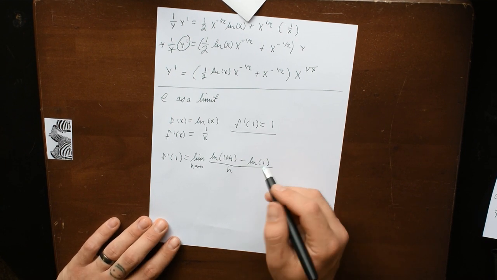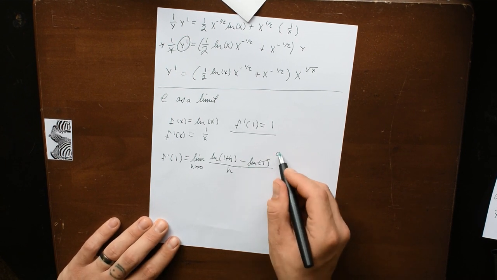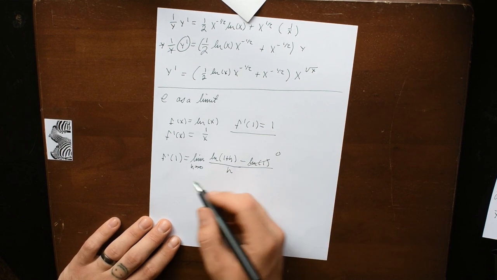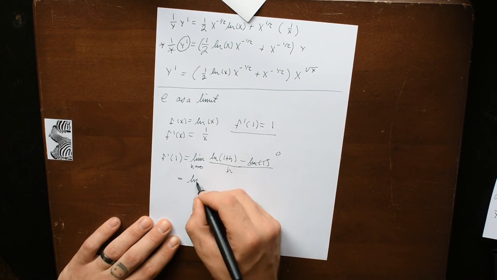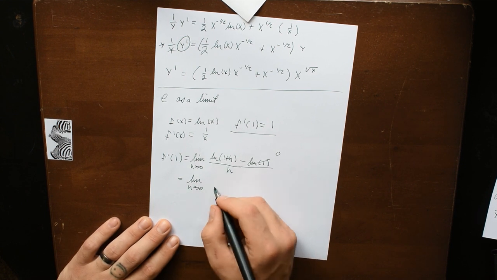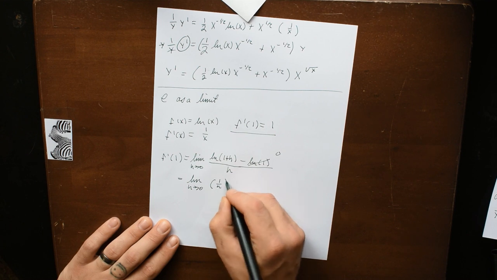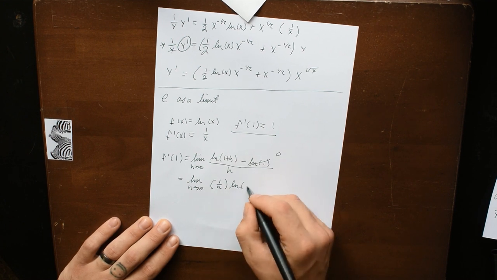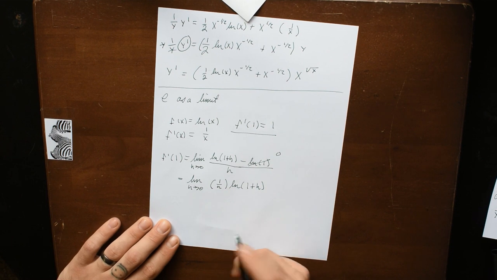Okay, well, the natural log of 1 is equal to 0, so we can call this the limit as h goes off to 0, and I'm going to, instead of dividing by h, multiply by 1 over h times the natural log of 1 plus h.